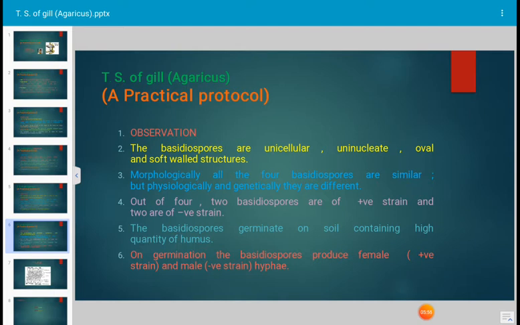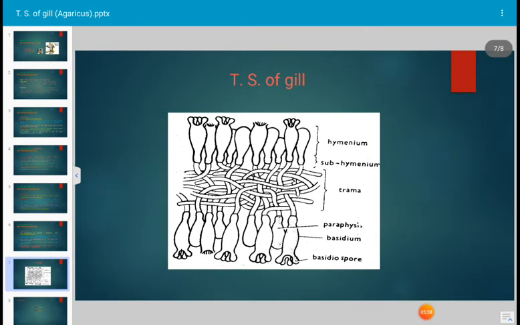And these two types of hyphae are present just below the soil surface, and by chance the somatogamy occurs below the soil surface. After somatogamy, dikaryotic hypha is developed, from which many fruiting bodies are developed in the favorable environmental condition.